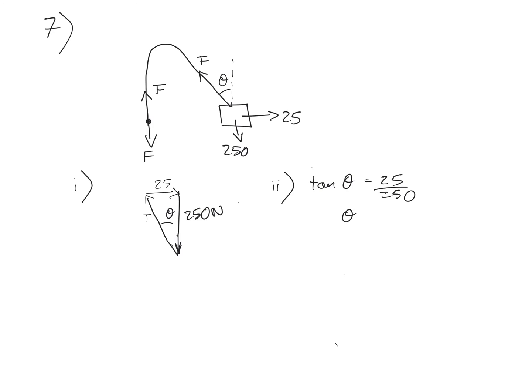So theta equals tan to the minus 1 of a tenth, which equals 5.71 degrees. And we know that F equals the Pythagoras of that, so the square root of 25 squared plus 250 squared.